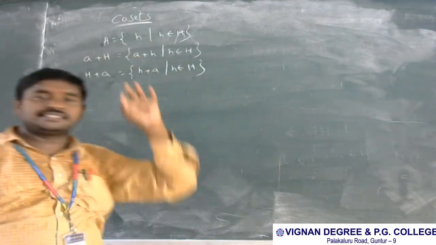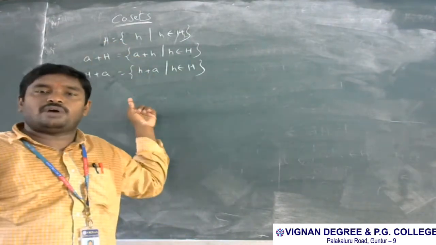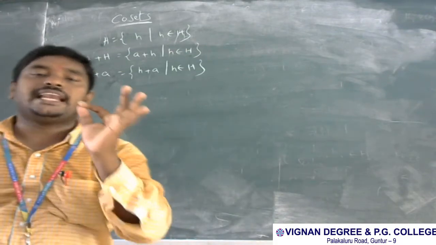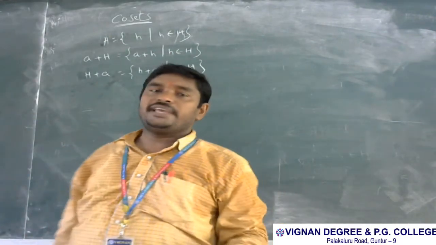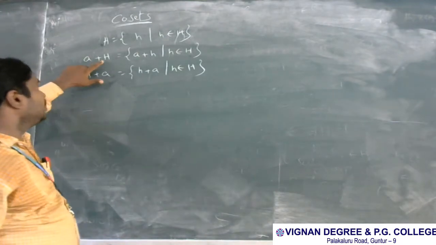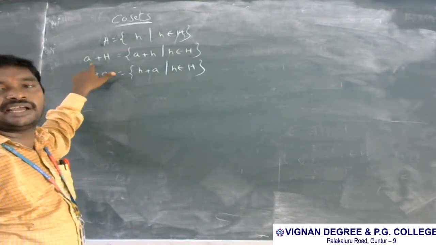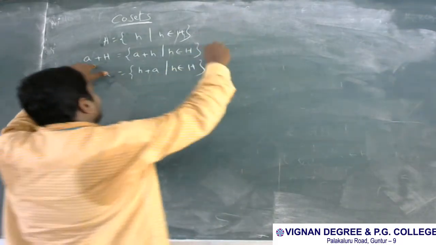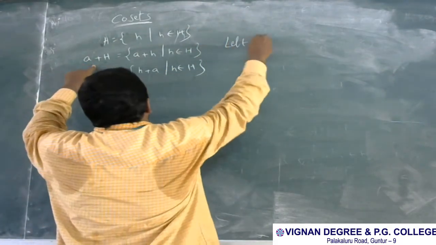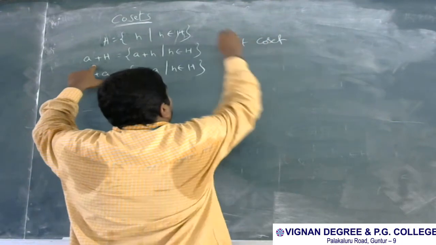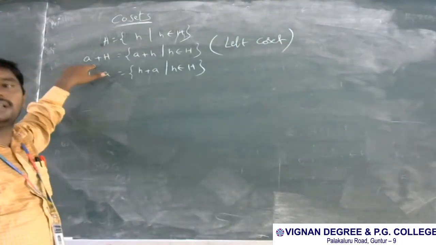H is a set only. What is small a? Small a means an element. So if we add small a to H on which side? Left side. So this is called left coset.